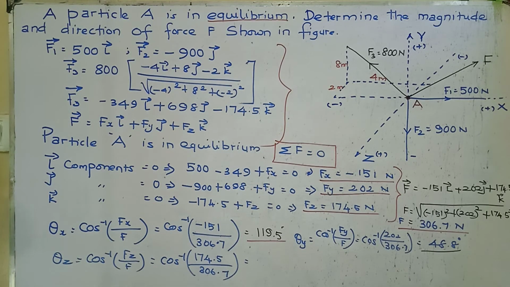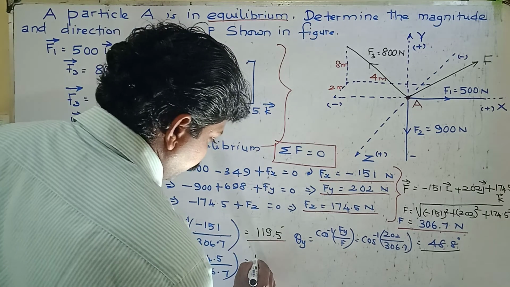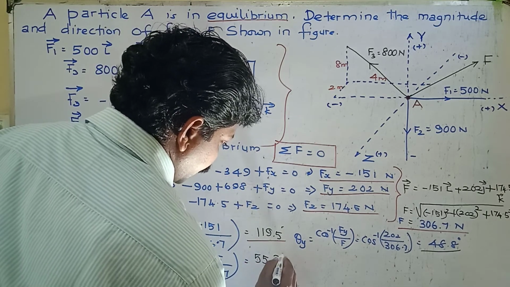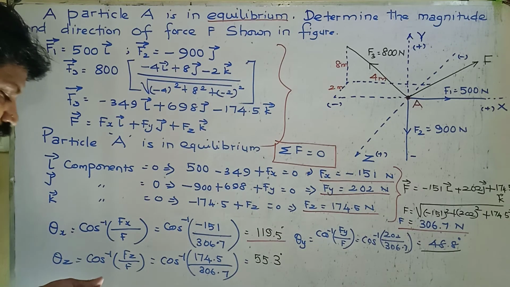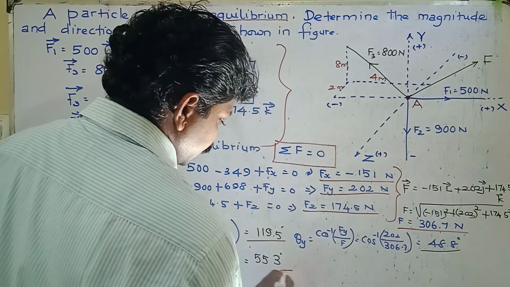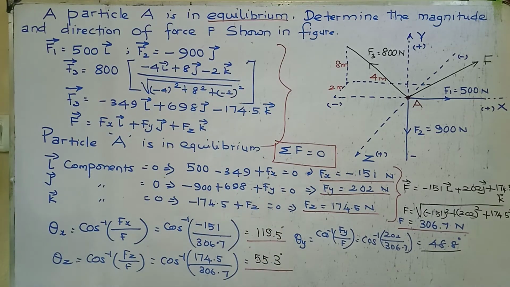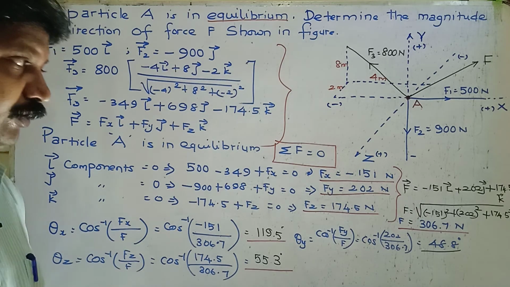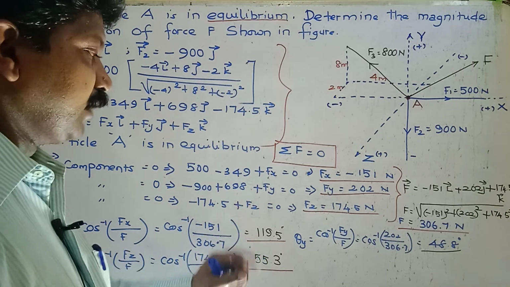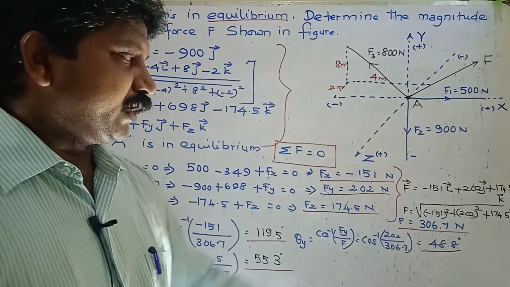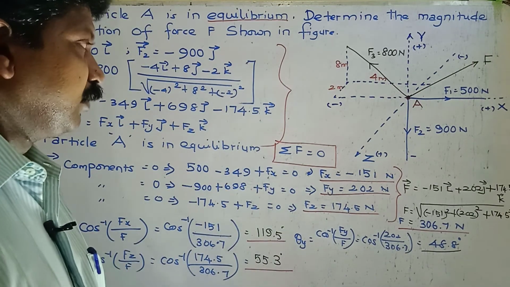From the value, theta z equals 55.3 degree. So our aim was to find the magnitude and direction of force F. Magnitude equals 306.7 Newton, and direction theta x equals 119.5 degree, theta y 48.8 degree, theta z 55.3 degree.